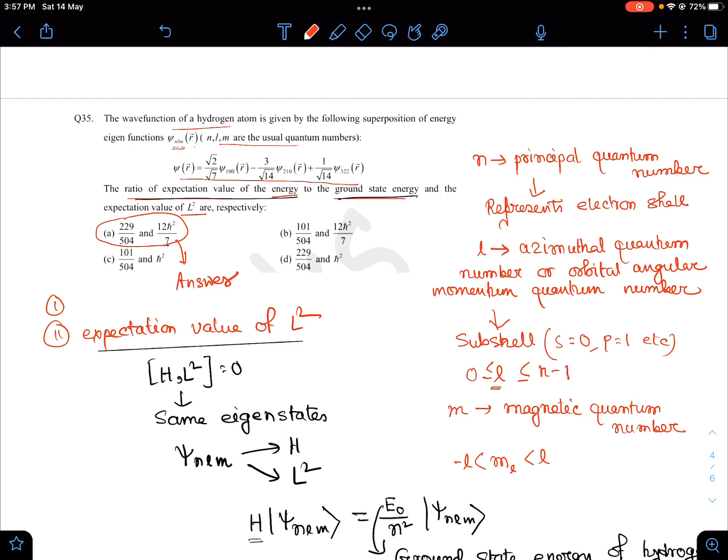Here we have to find the expectation value of the L squared operator and Hamiltonian operator. As the Hamiltonian and L squared operator commute, they share the same eigenstate, so that psi NLM are eigenstates for both the Hamiltonian operator and the L squared operator.